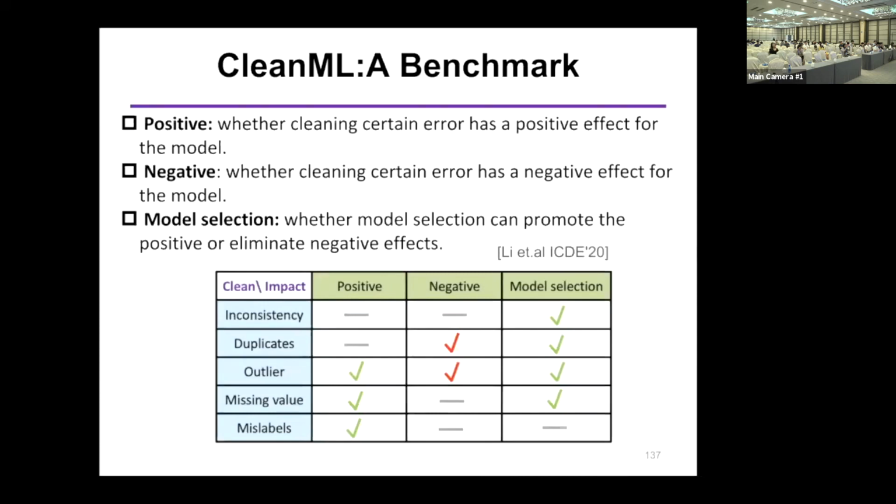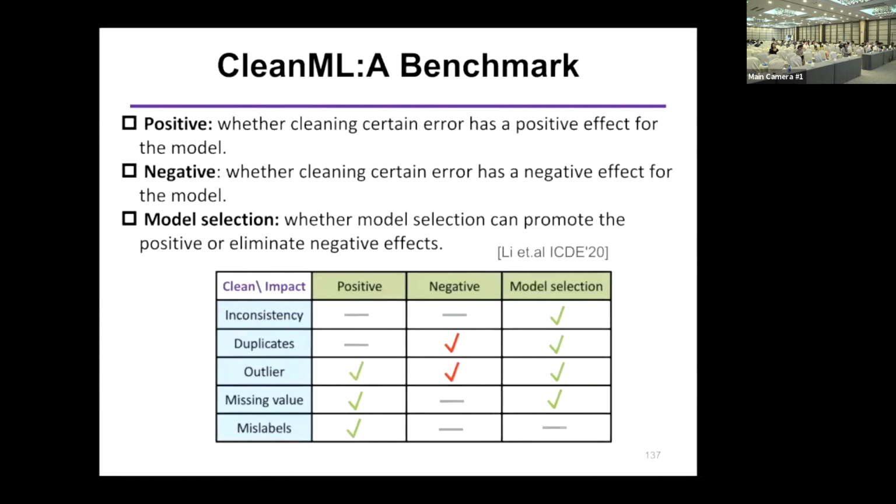And we can see from the table that the second row indicates that cleaning duplicates will degrade the model performance because the data distribution may be changed. But the degradation can be eliminated by judiciously selecting models. For another example, cleaning the outliers may have positive or negative impacts on the machine learning tasks, which highly depends on the specific machine learning task or datasets.